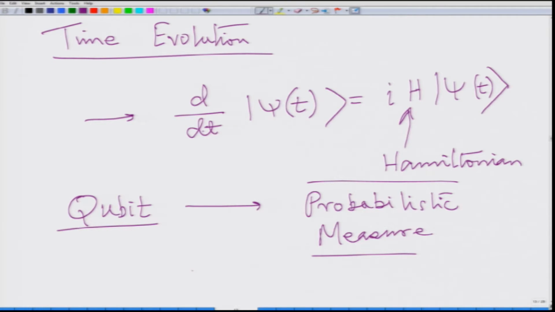Now, what we are going to do is to see how things change when we go from a single qubit to, let us say, even the simplest 2 qubit case.